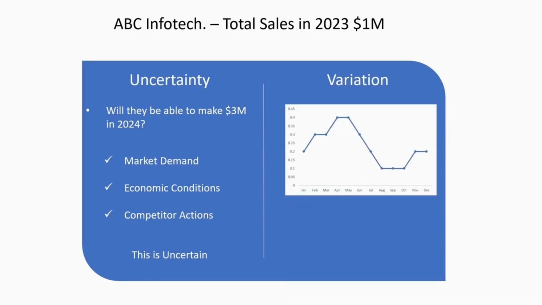Sales figures often change based on season, geography, product type, or customer segment. Statistical methods can help ABC Infotech anticipate and prepare for these variations by making plans to reach the expected sales. Simply put, we know that the sales for 2024 will not be the same as the sales for 2023.